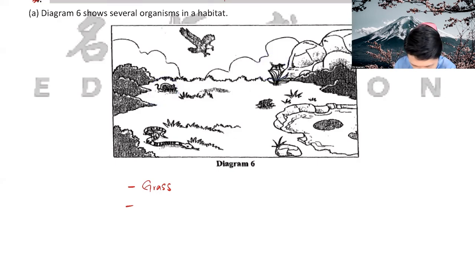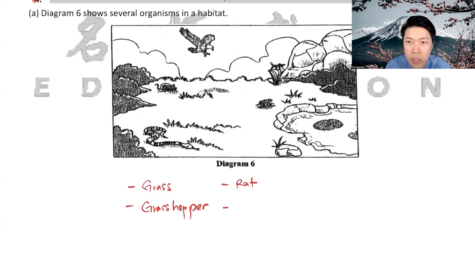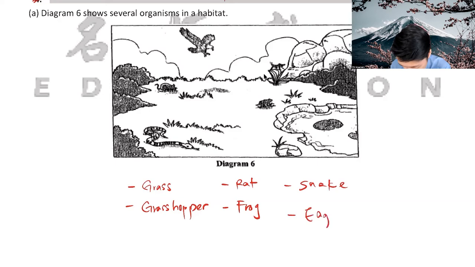Okay, grass, grasshopper, and I see there is a rat. What else? I see there is a frog. Maybe it's a bit too dark on your photo. There you go, I think that's the frog. We have a snake, just one snake, and we have an eagle, obviously. What else? Water lily, maybe? Do we need that? Nah.